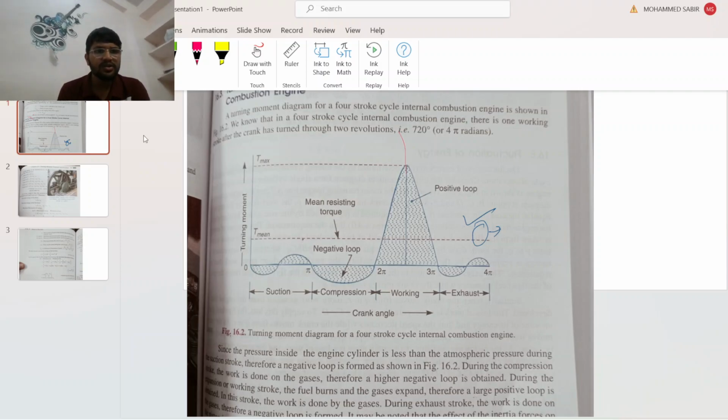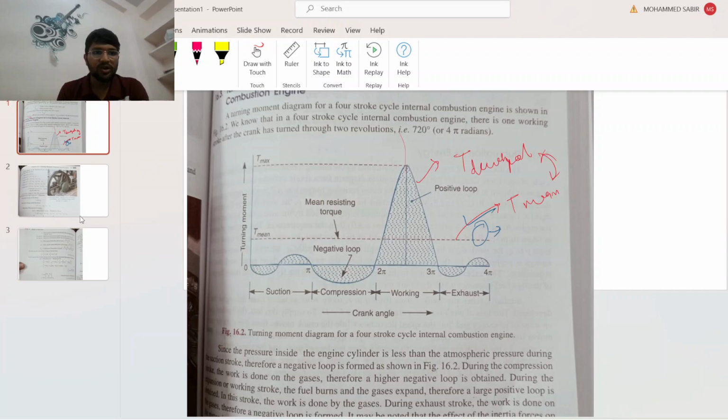This is T developed, and this is T mean. When we plot them simultaneously in a T-theta diagram, the shaded area gives the net work done, which is delivered by the engine.